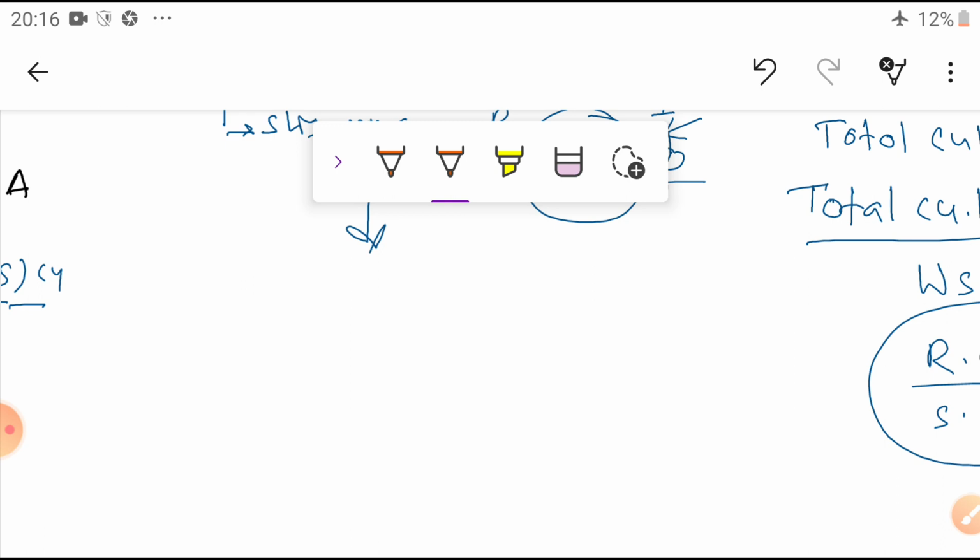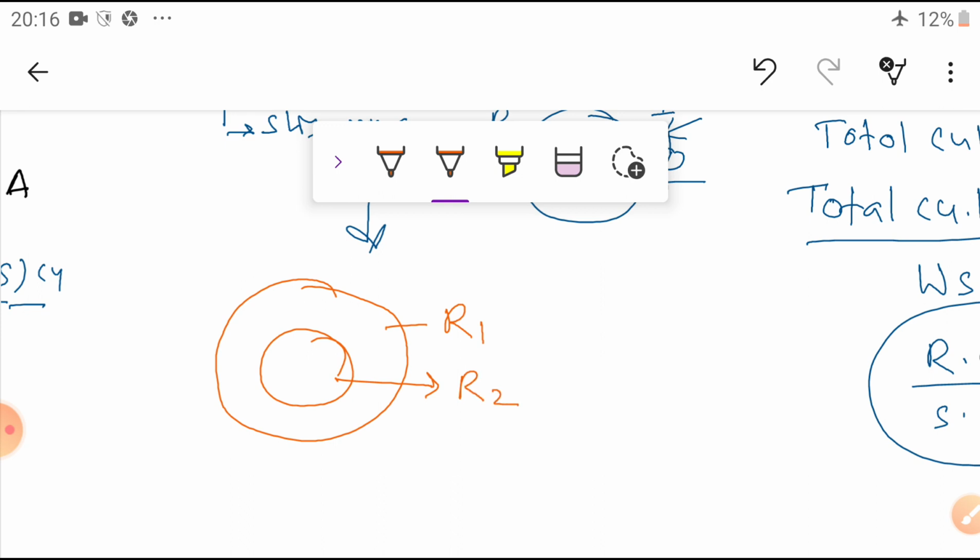Now what is known? From the stator and rotor, I know R1 from the VI method, and I know R2 from the VI method, because both are wound windings. At the same time, I can find I1 and the rotor current I2, so I can know both values.